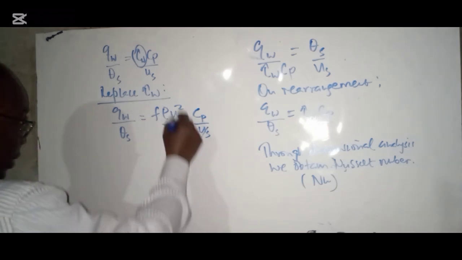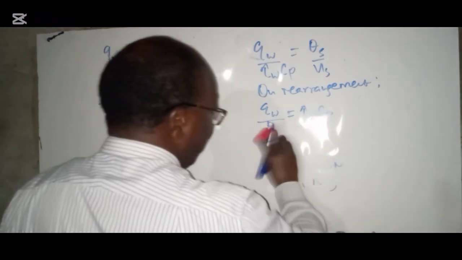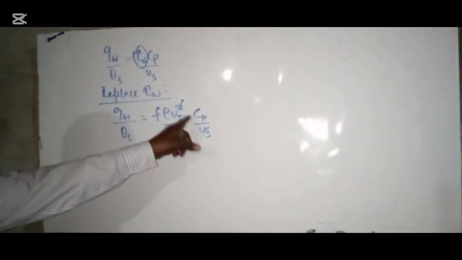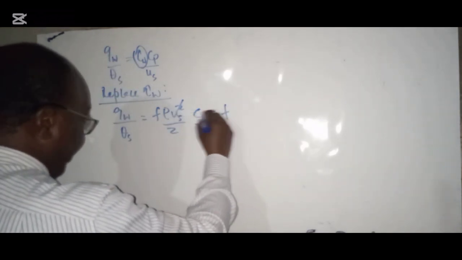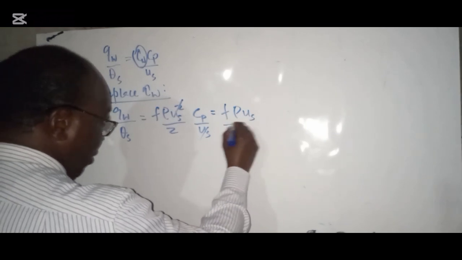Of course, these two terms will cancel, so we have rho U S over 2 Cp.